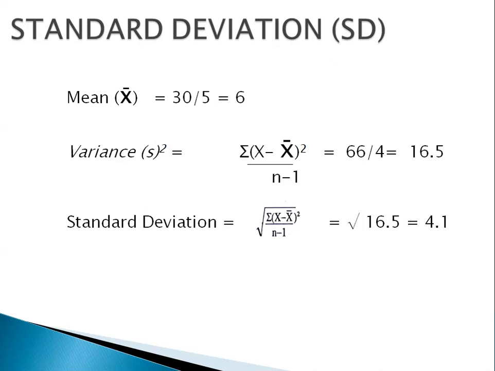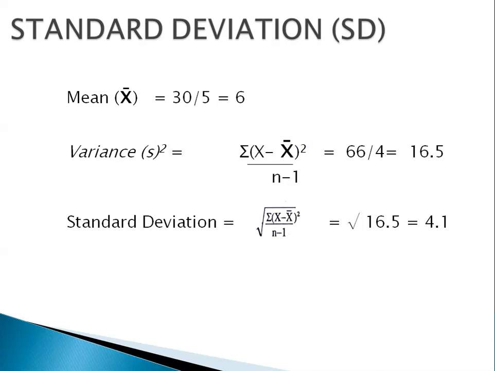So for the data set given in earlier slides, for the mean, the summation of all the values is 60, divided by the sample size, that is n, which is 5 for the given example. Variance s square is equal to summation of (x minus x bar) square divided by n minus 1.